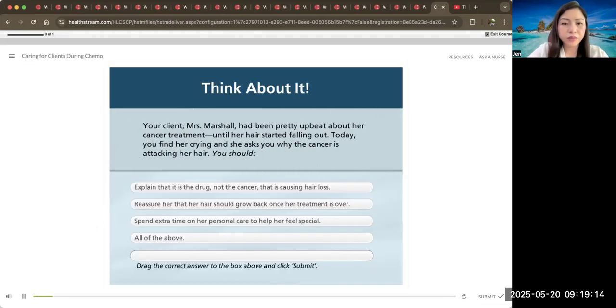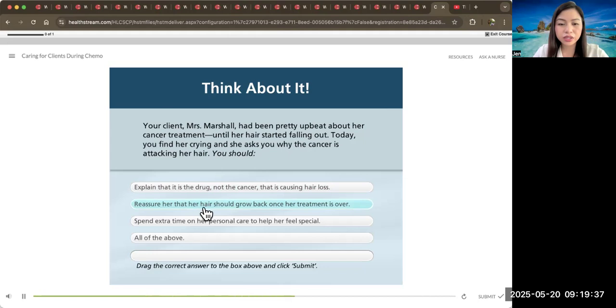Think about it. Your client, Mrs. Marshall, had been pretty upbeat about her cancer treatment until her hair started falling out. But today, you find her crying and she asks you why the cancer is attacking her hair. You should explain that it is a drug, not the cancer, that is causing hair loss.